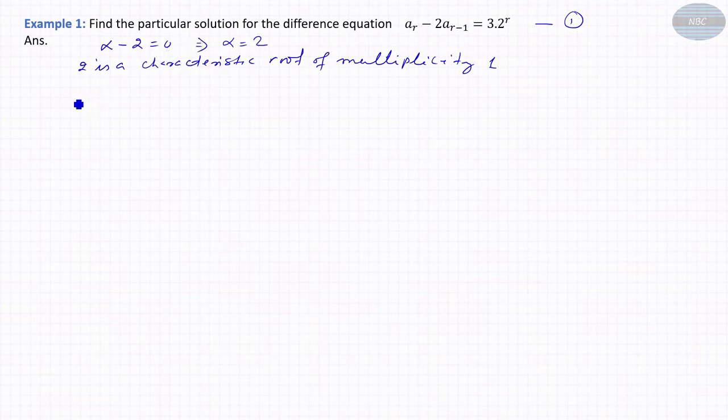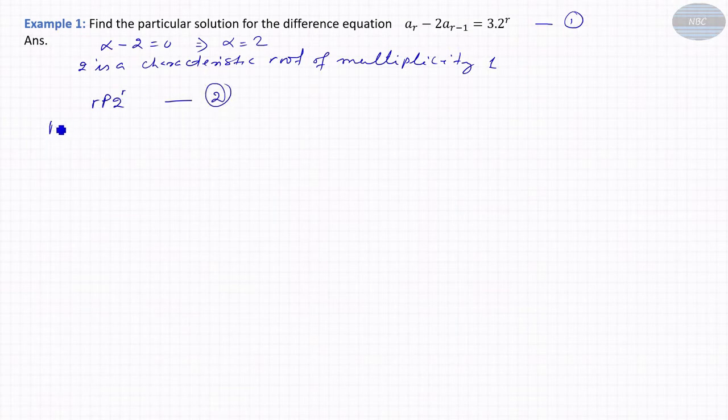So the particular solution will be of the form r to the power 1, that is r. This is a polynomial of degree 0, so a single constant p, and 2 to the power r. So this is the form of the particular solution.